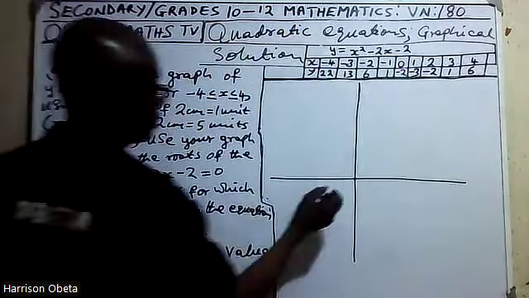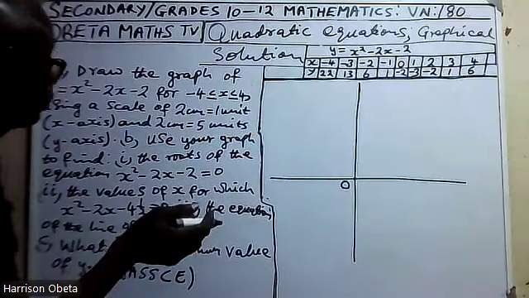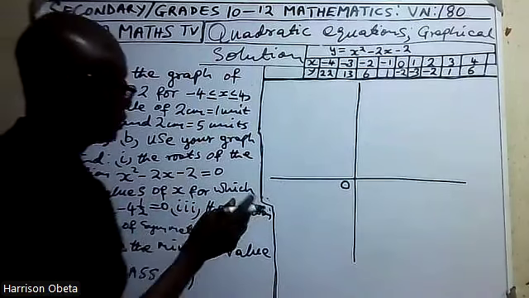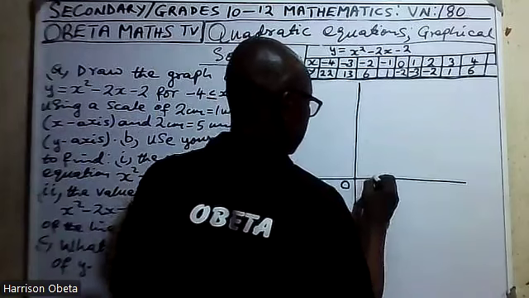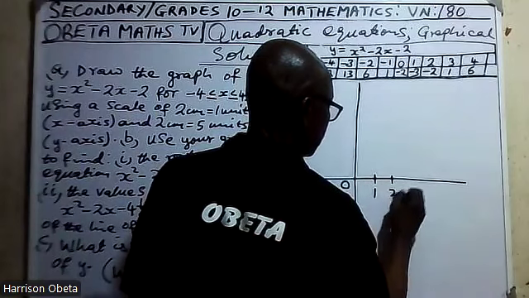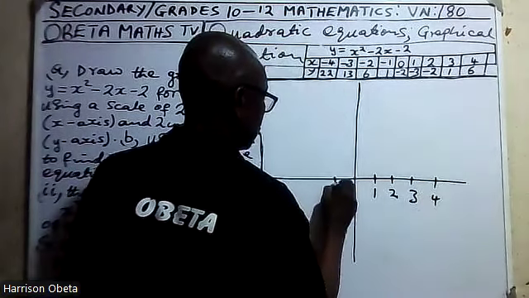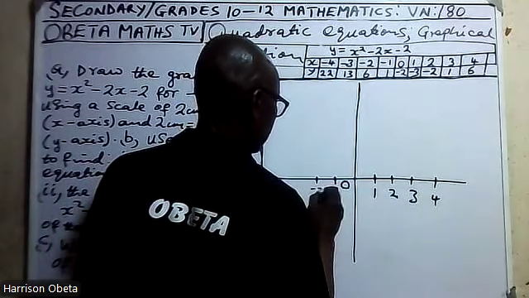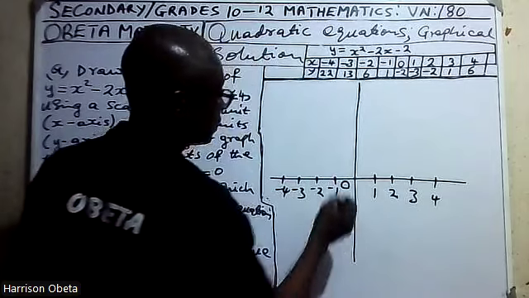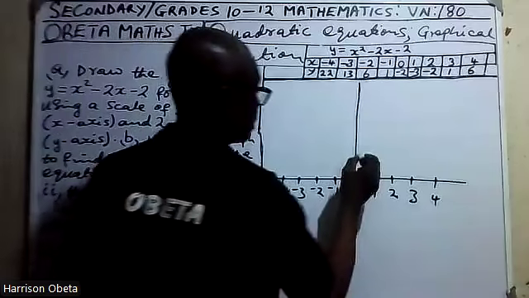Going back to the question, this is our zero, the origin. We are to use a scale of 2 cm to 1 unit along the x-axis. So let's check. This is 2 cm: 1, 2, 3, 4. Minus 1, minus 2, minus 3, minus 4. Then 2 cm to 5 units along the y-axis.